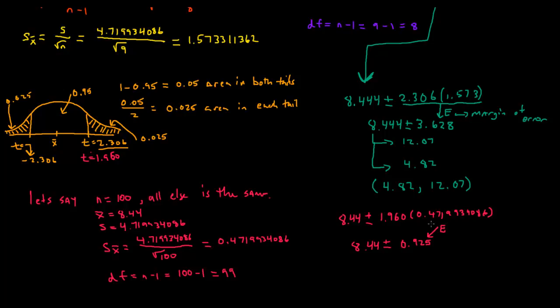our margin of error. So our two endpoints, upper and lower: 8.44 plus 0.925 gives 9.365.